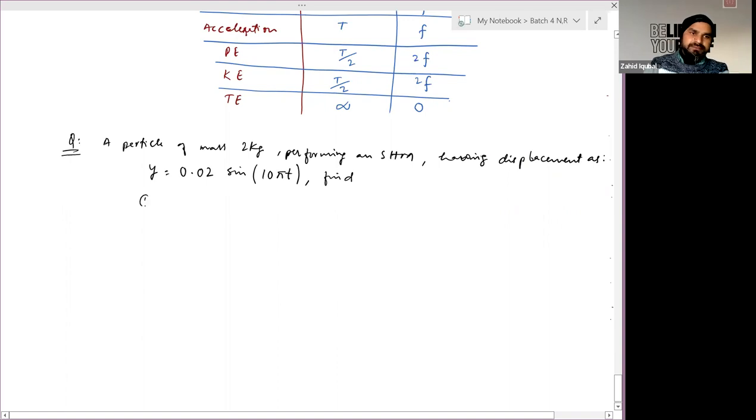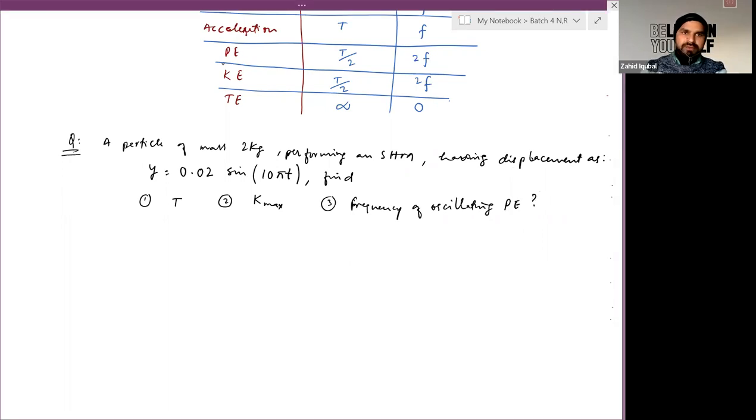Find first, time period of source, second, maximum kinetic energy. Third, frequency of oscillating potential energy.